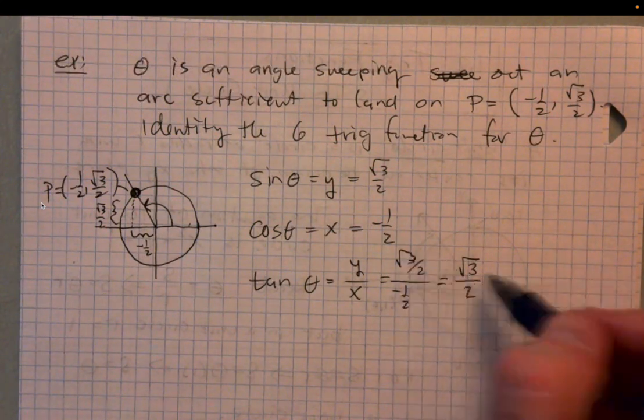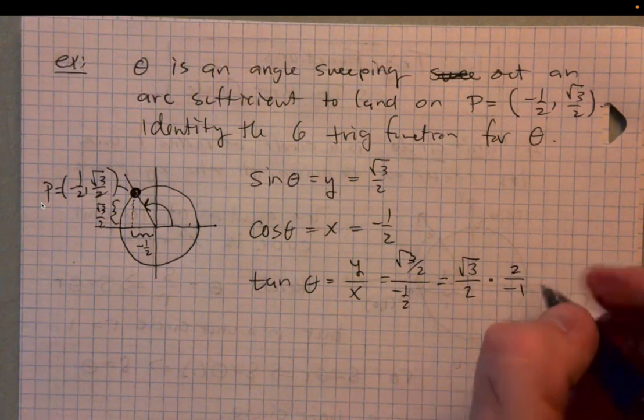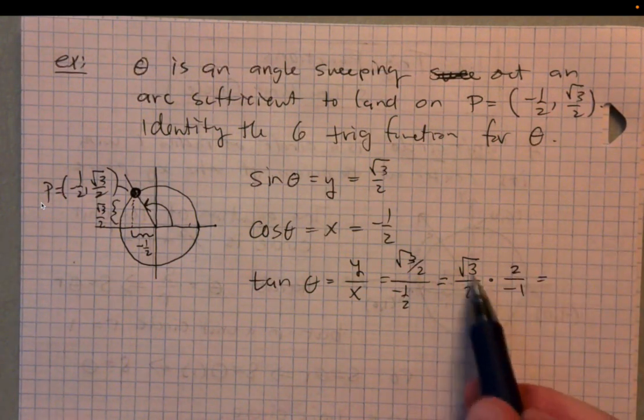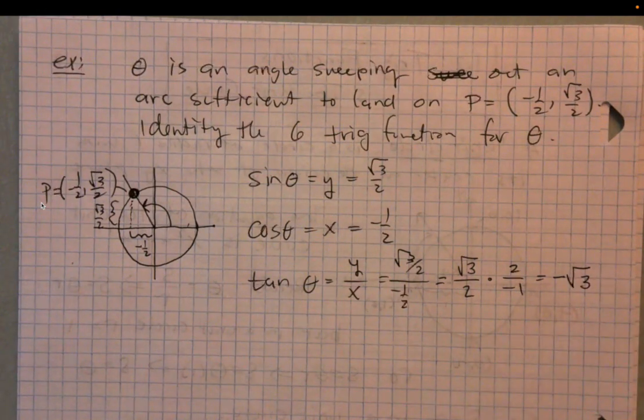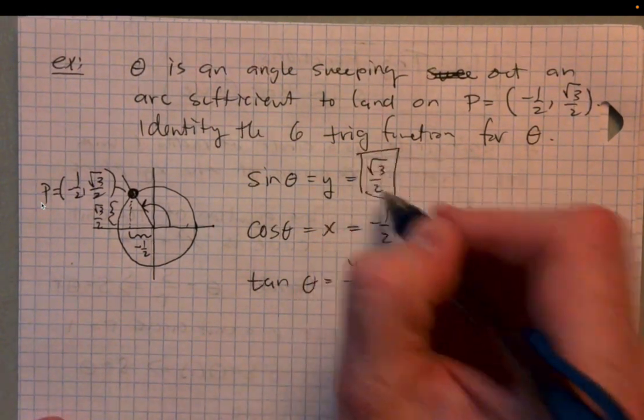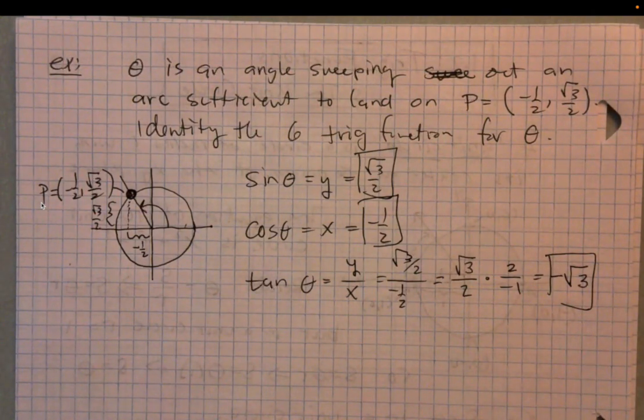So square root of 3 over 2 times 2 over -1. You can see that the 2's will cancel, and this is just negative square root of 3. Okay, so there's the 3 primary trig functions, their values.